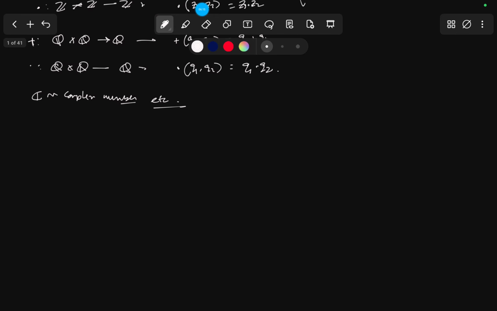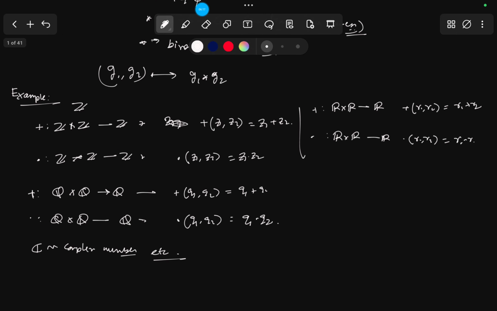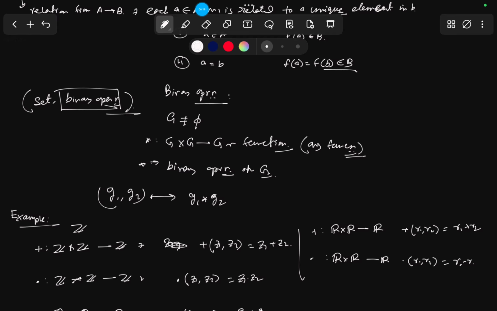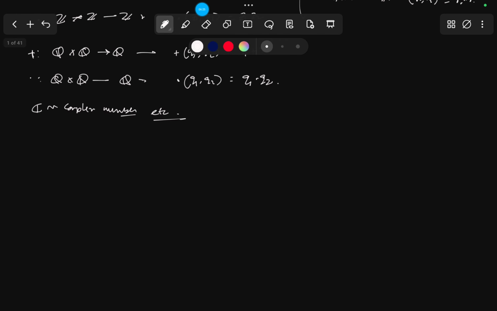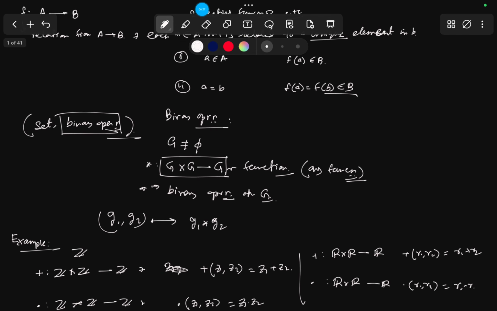Okay. So for me, a binary operation is basically a map from G cross G to G, any kind of map. Now, as we said, our main focus will be over this tuple, that is a set along with a binary operation.